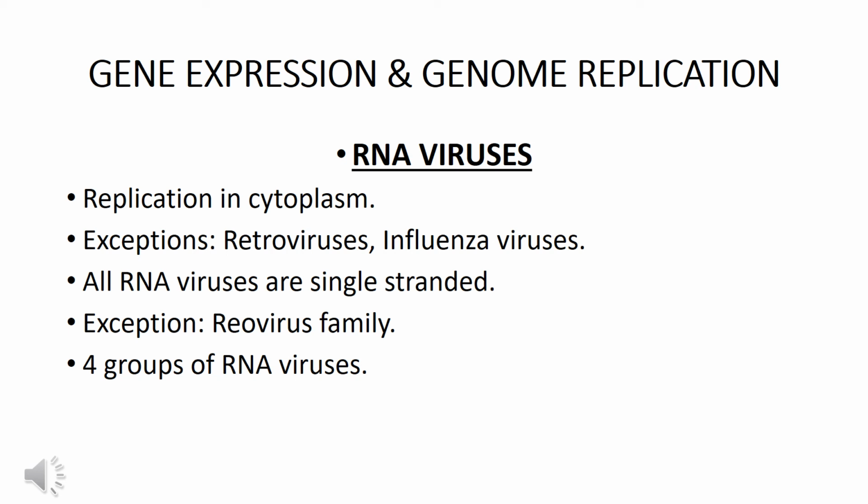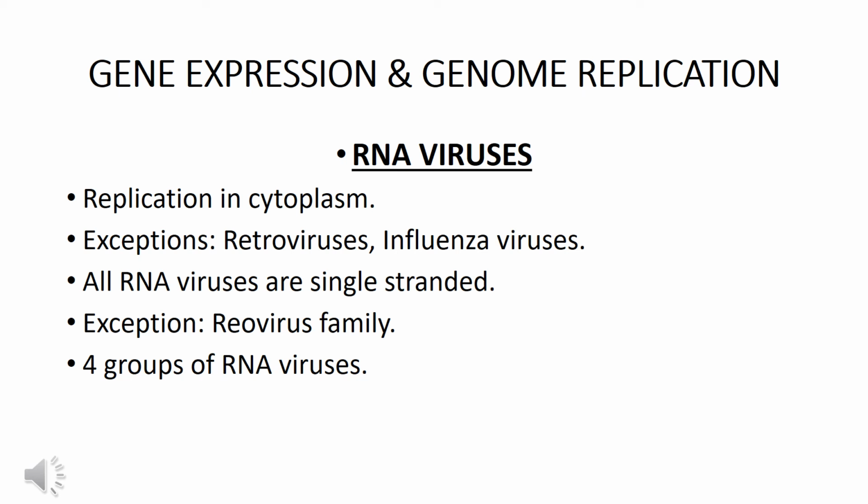All RNA viruses are single stranded in nature, but there are a few families like the Reovirus family, and retroviruses are also part of it. So mostly RNA viruses are single stranded in structure. On the basis of replication, there are a few changes in the replication steps of RNA viruses.